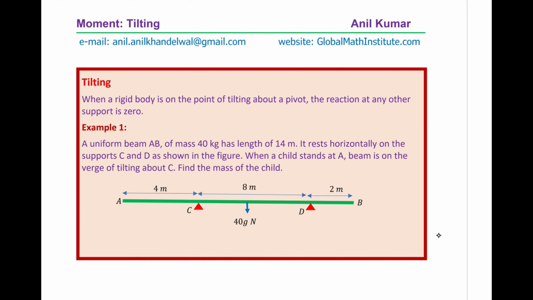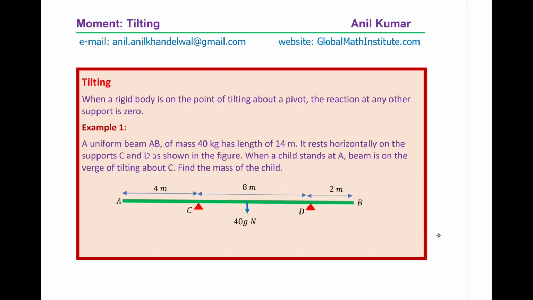Let us say this is a rigid body which is supported at 2 points, and if it is at the point of tilting at C, it really means that this will tip over, right? And so there won't be any support here. In that case, the reaction here will be zero. That's what it means when we say the reaction at any other support is zero. Correct?